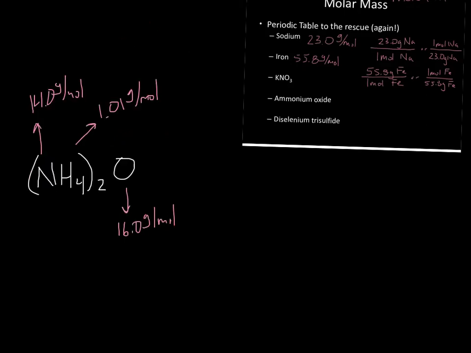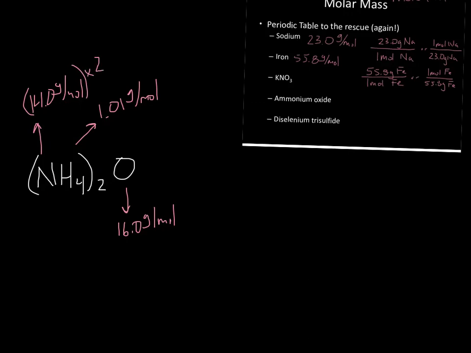And then ammonium oxide, which is NH4, and we need 2 of those to balance out the charge of the oxygen, which is 2 minus. So nitrogen 14, hydrogen 1.01, and oxygen is 16.0. You notice how we have the parentheses with a 2 on the outside. That means we have 2 ammoniums, so we're going to have 2 nitrogens, and nitrogen's mass would be times 2.